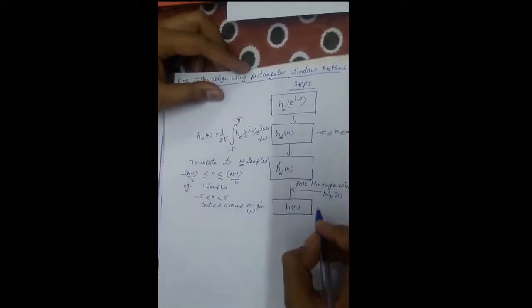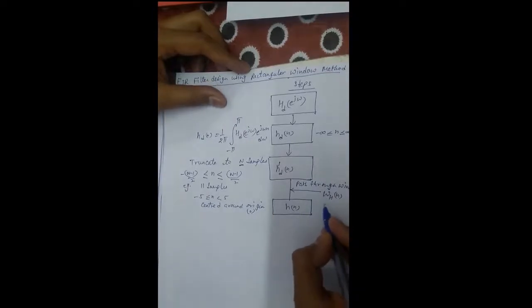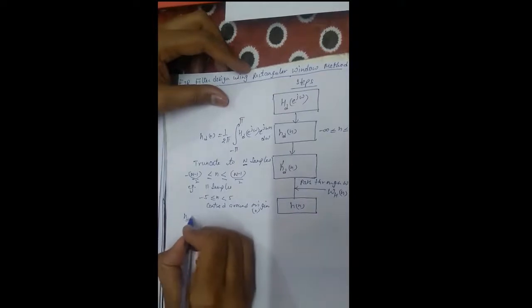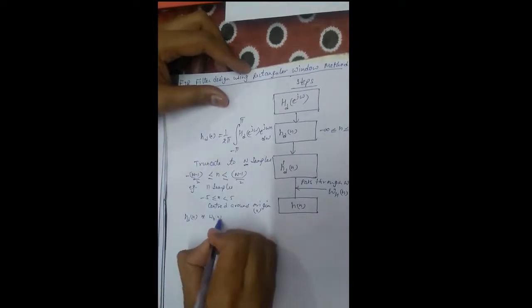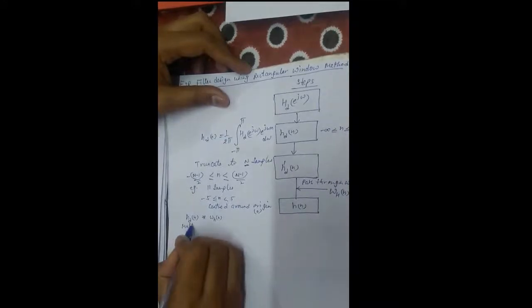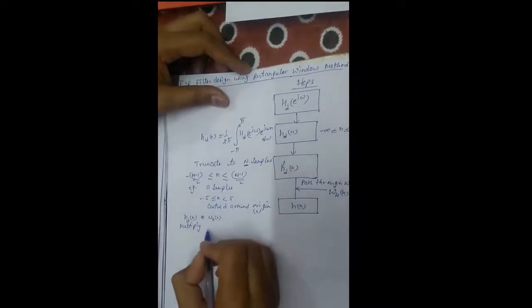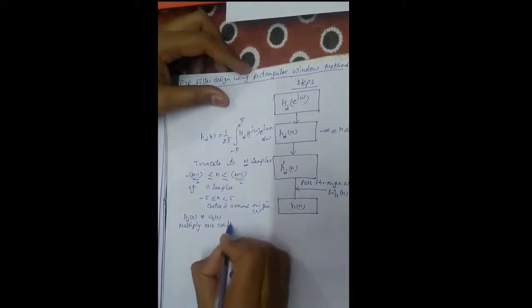Passing through the window simply means multiplying each coefficient of hd[n] and w[n].